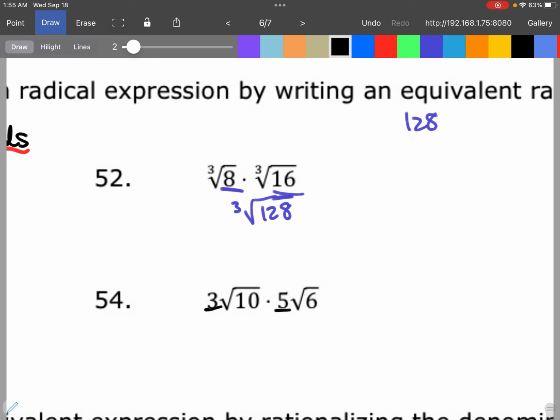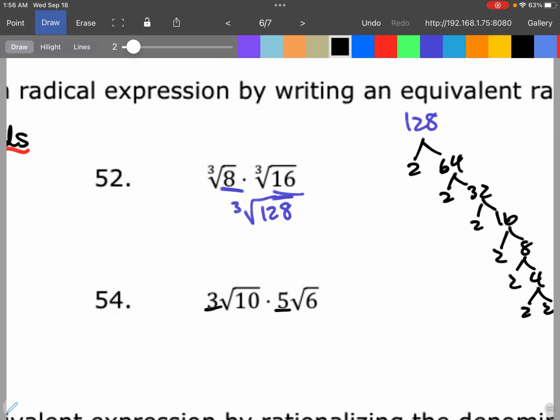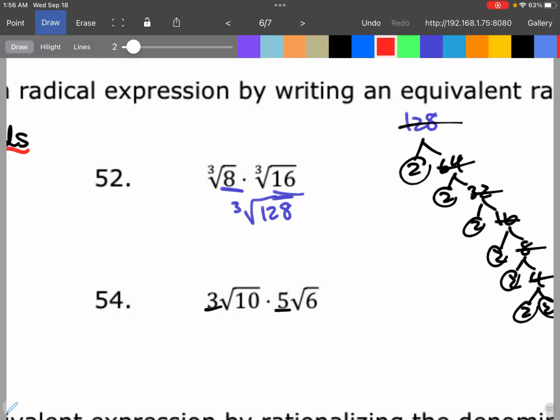And then we can just break down 128 into 2 and 64, 2 and 32, 2 and 16, 2 and 8, 2 and 4, and 2 and 2. Broke it down to its tiny little pieces. I wonder how many 2s we have. 1, 2, 3, 4, 5, 6, 7. Wow, same 7 2s that we had before I erase this.